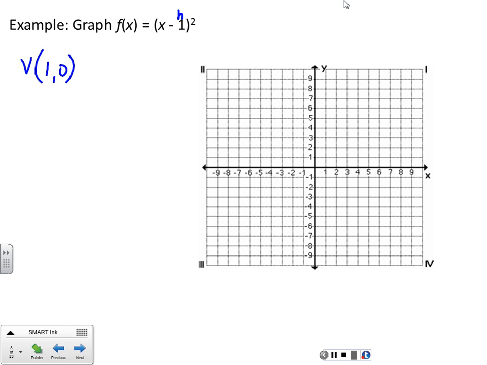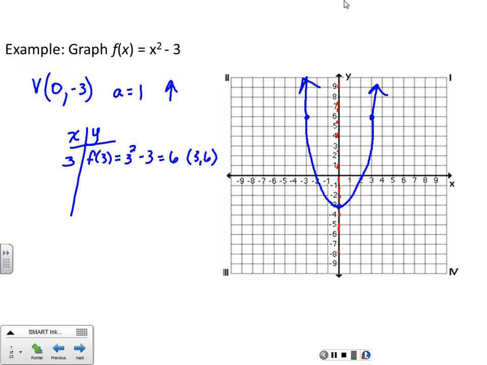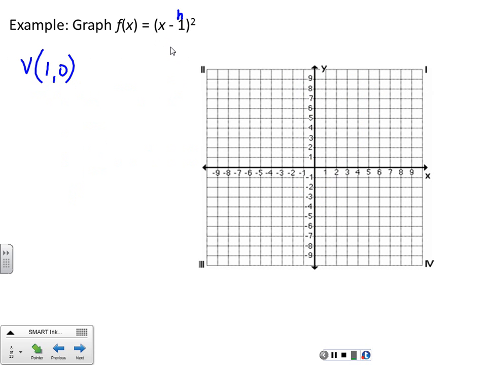K is that number that will be out there by itself. Because in the previous problem, look, we didn't see any parentheses, so we know there was an H, and then -3 is out here by itself. So -3 was your K. Look here. Here, you do have parentheses, so there's an H, and you got to take the opposite of it. But there's not a number out here, so that's 0. So there's your vertex, 1, 0.